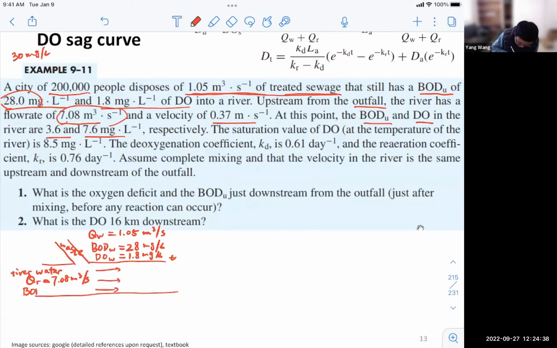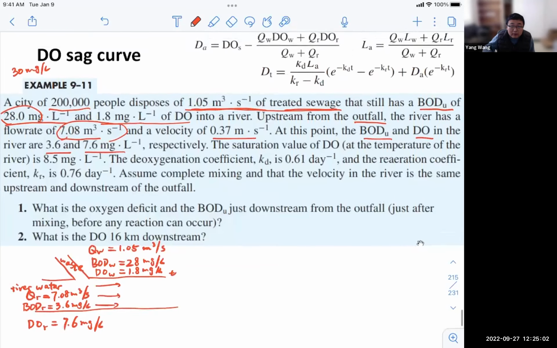So BOD river is 3.6 milligram per liter. And then the dissolved oxygen concentration is 7.6 milligram per liter. Okay, so these are the conditions.